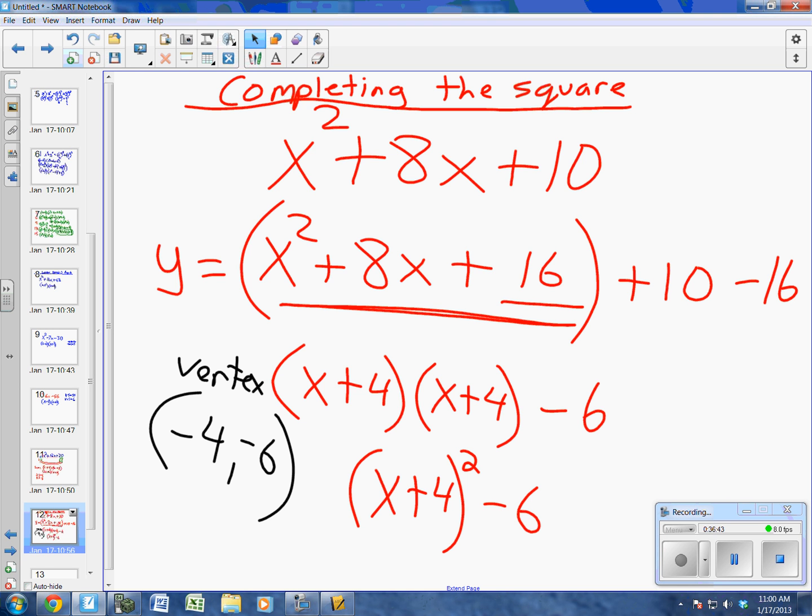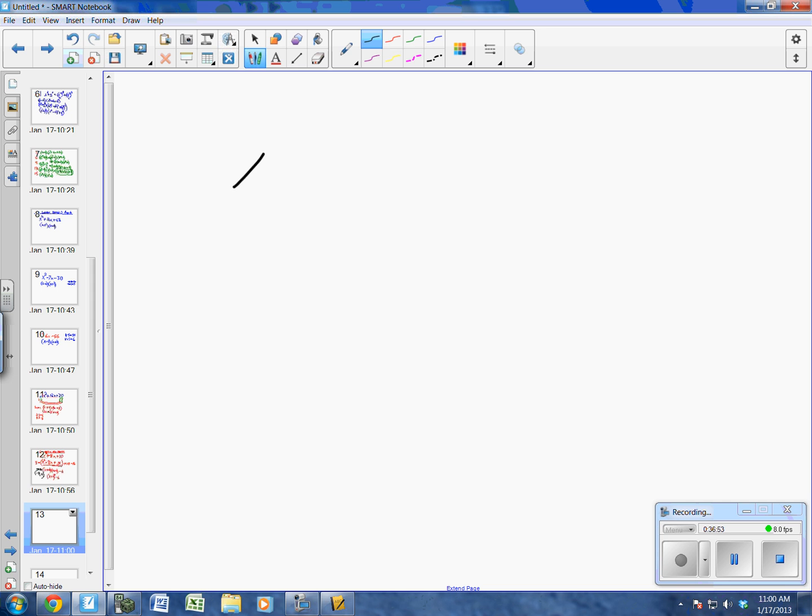One last thing I'm going to show you. Do you guys remember how to write x to the 8/5 power as a radical? We learned this at the very, very end of the year. Huh? Nope.